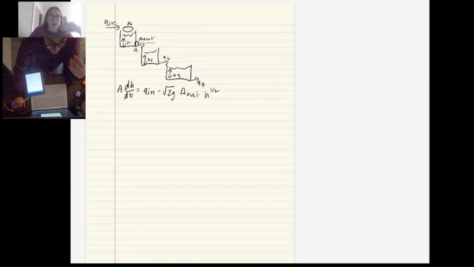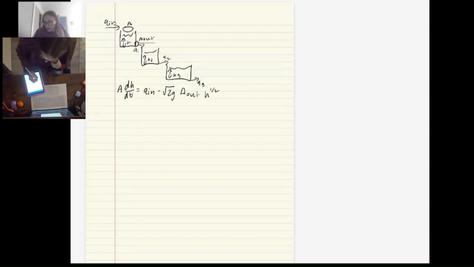This is not a linear equation, because a linear equation would mean a first order equation, and our height is to the 1/2.